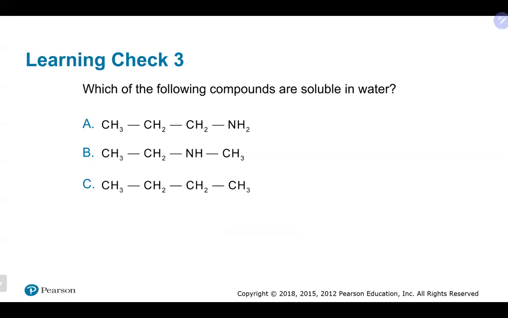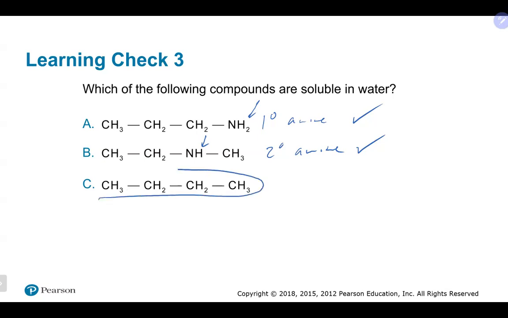So which of the following are soluble in water? This one, which is a primary amine, should definitely be soluble in water because it has the hydrogens here to hydrogen bond with water in a couple places. This is a secondary amine, which also still has the hydrogen there, so it should also be soluble in water just because it can hydrogen bond.